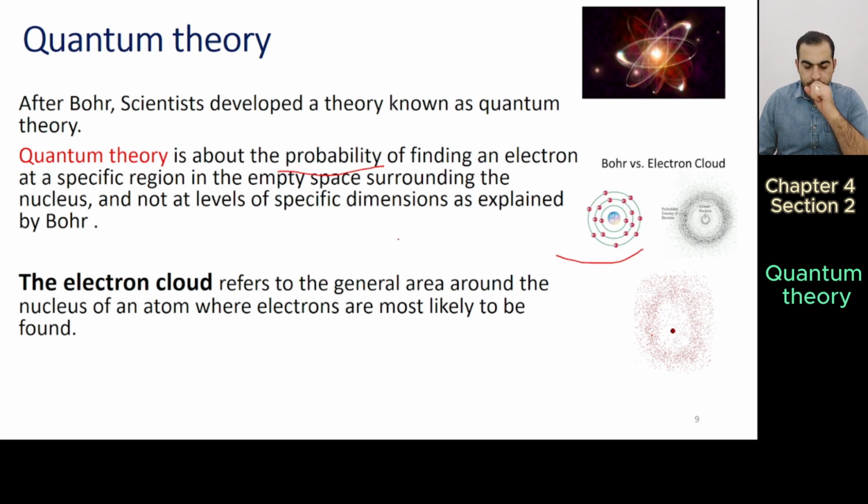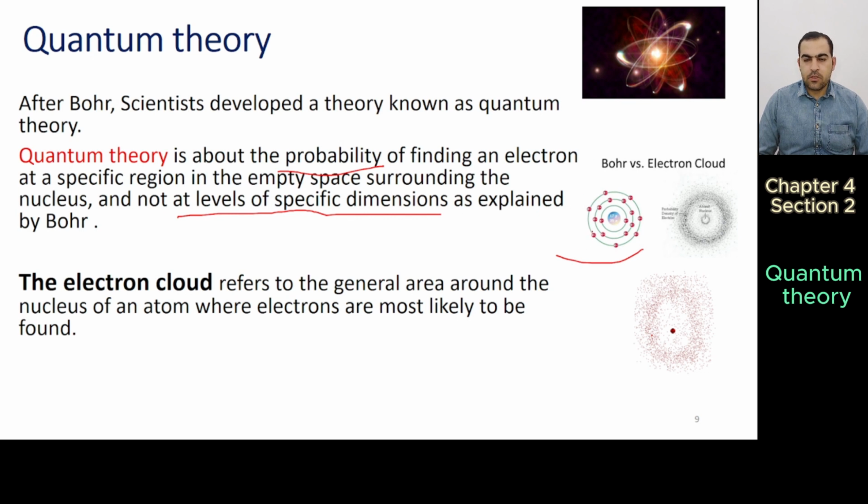Okay, so actually scientists, after they studied the electron, discovered that electrons can behave like waves. So after that they said electrons don't spin around the nucleus at levels of specific dimensions.